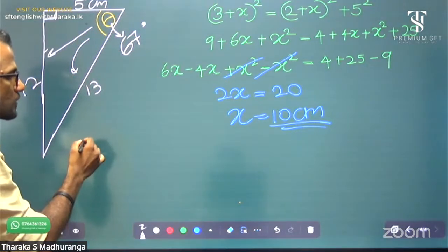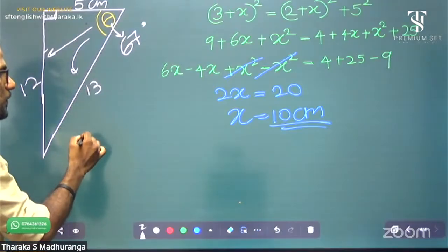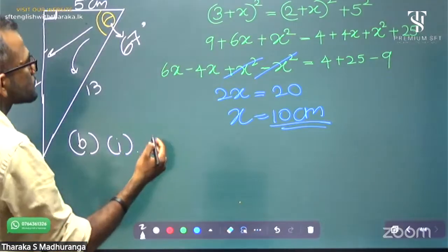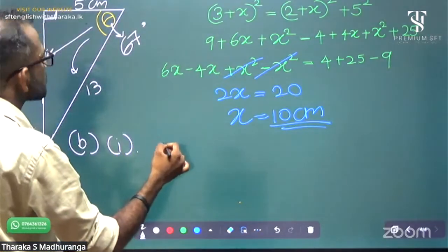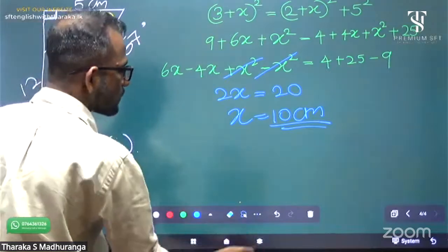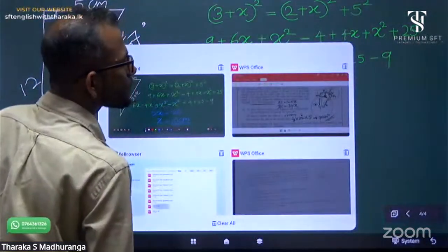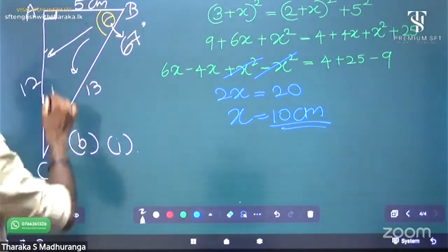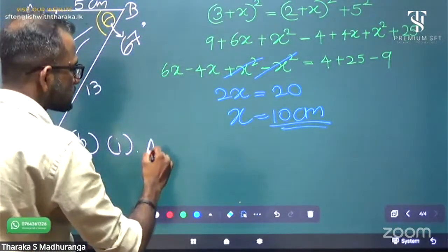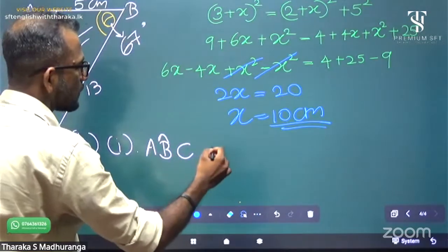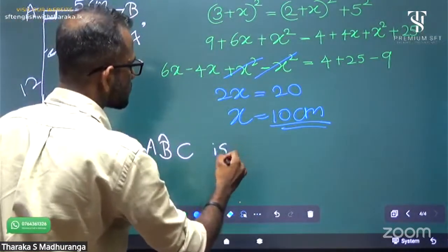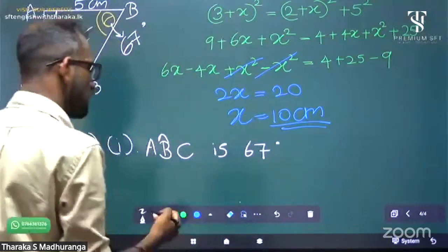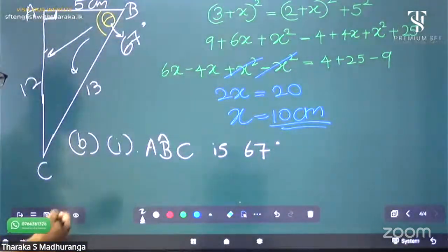Then you can see B part 1. It is ABC, right? Now the ABC angle is 67 degrees.